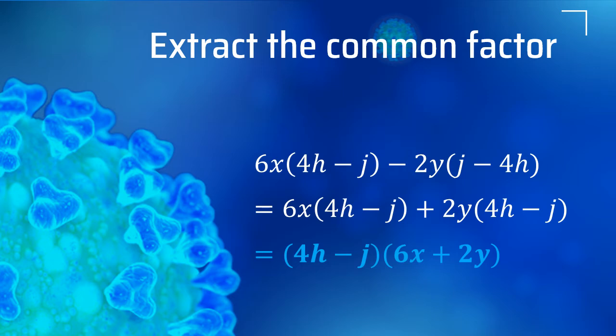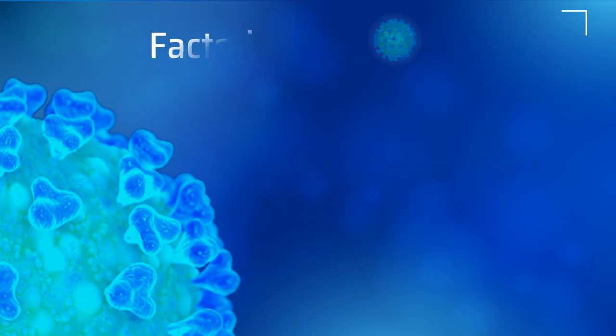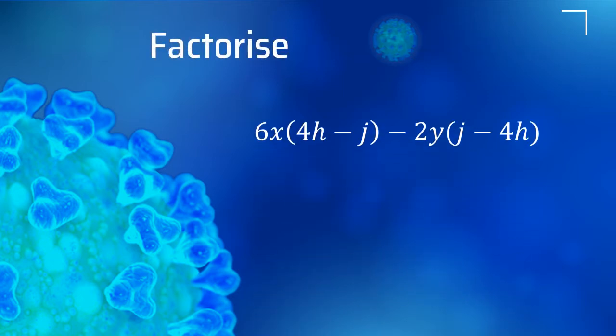Look at your final answer. 4h minus j actually cannot be divided by other variables or other numbers, right? But 6x plus 2y, they can be divided by 2. So you must put number 2 outside the bracket. So we need to factorize it.